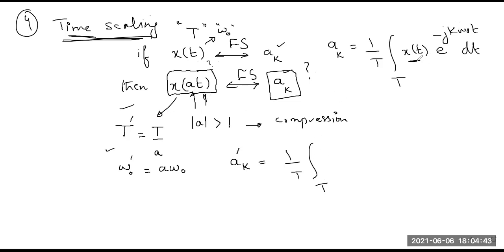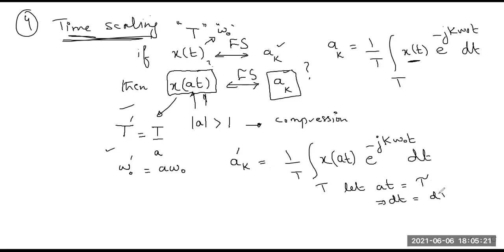So I'm going to replace this signal with x of at, times e to the power minus jk omega naught dash t. Let me introduce a new variable. Let at be equal to tau, which will mean that dt will be equal to d tau by a.